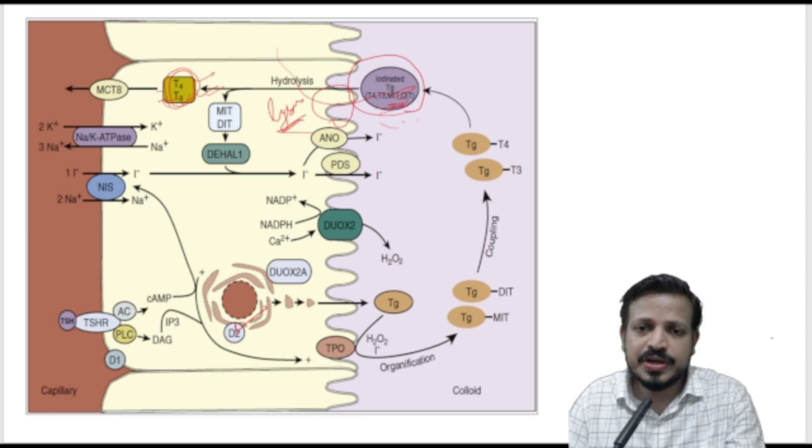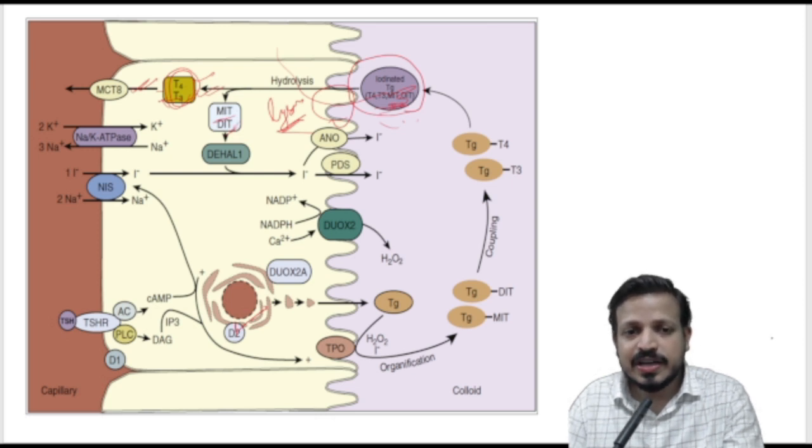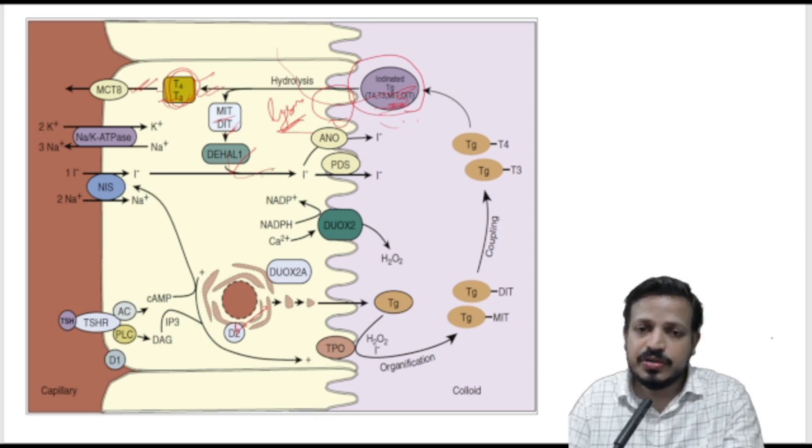So thyroglobulin is separated from T4 and T3, and the T3 and T4 hormones exit the follicular cells through the basolateral membrane by the transporter MCT8, and the MIT and DIT, that is monoiodotyrosine and diiodotyrosine, are then recycled by the enzyme dehalogenase 1, so that the iodide is recycled into the thyroid lumen.